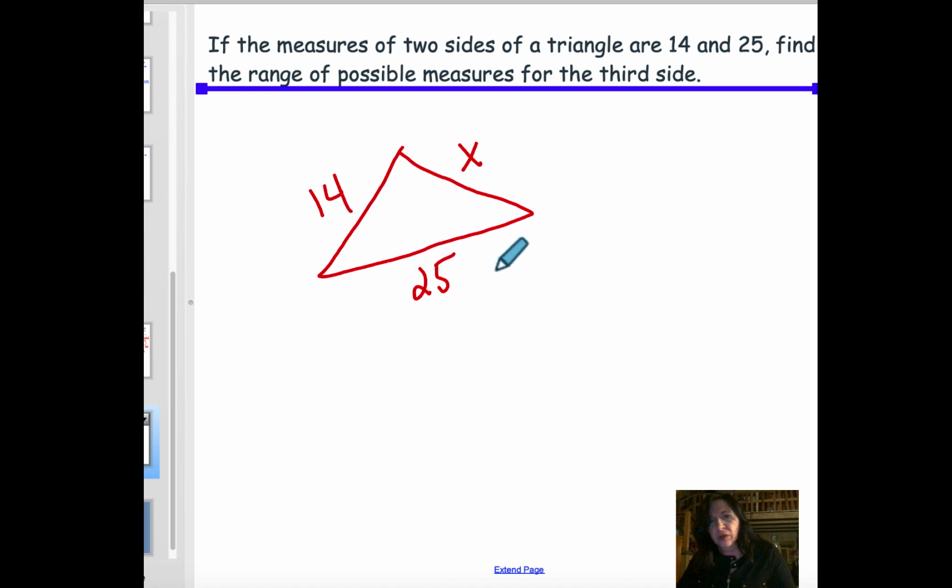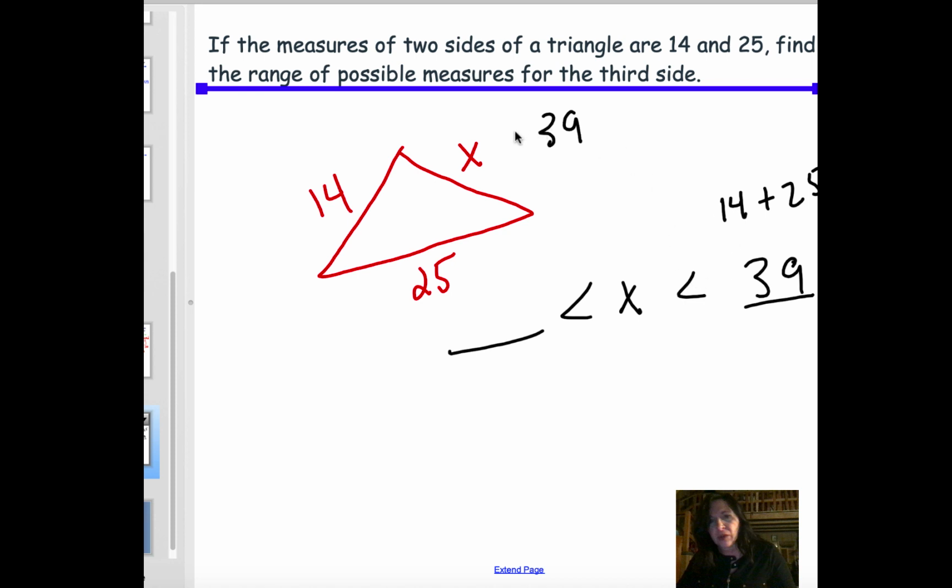So you're going to say, well, x could be anything less than and greater than some value. The value on the right and the value on the left are the sum and the difference. So the one on the right is going to be 14 plus 25, and so that's going to be 39. So this value has to be less than 39, okay?